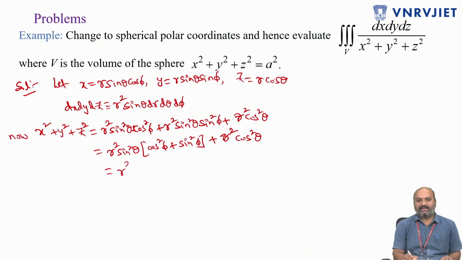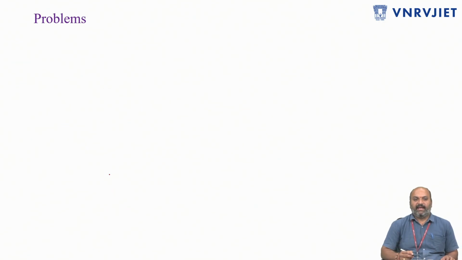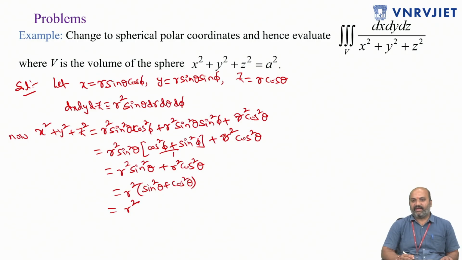So we get r² sin² θ plus r² cos² θ. Taking r² common again, it is sin² θ plus cos² θ, which is again 1. So x² + y² + z² equals r². Now the integrand is completely a function of r, θ, φ.